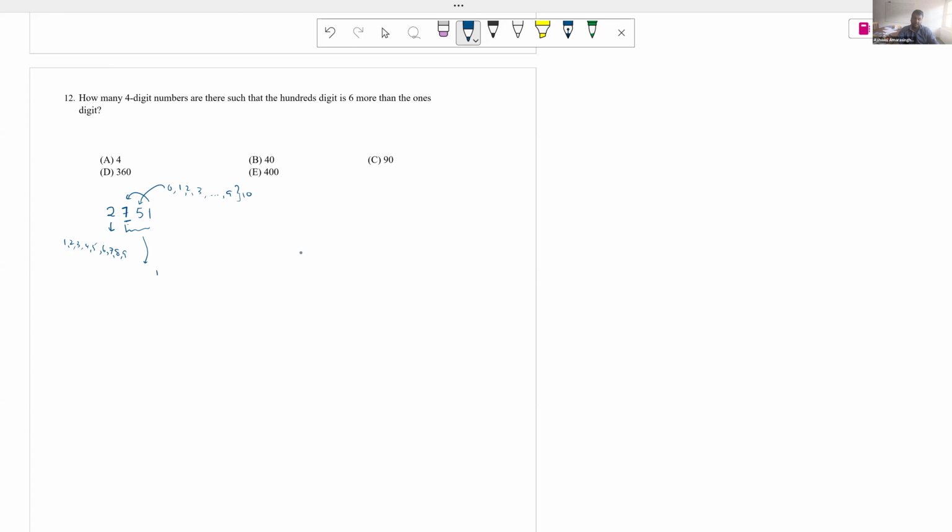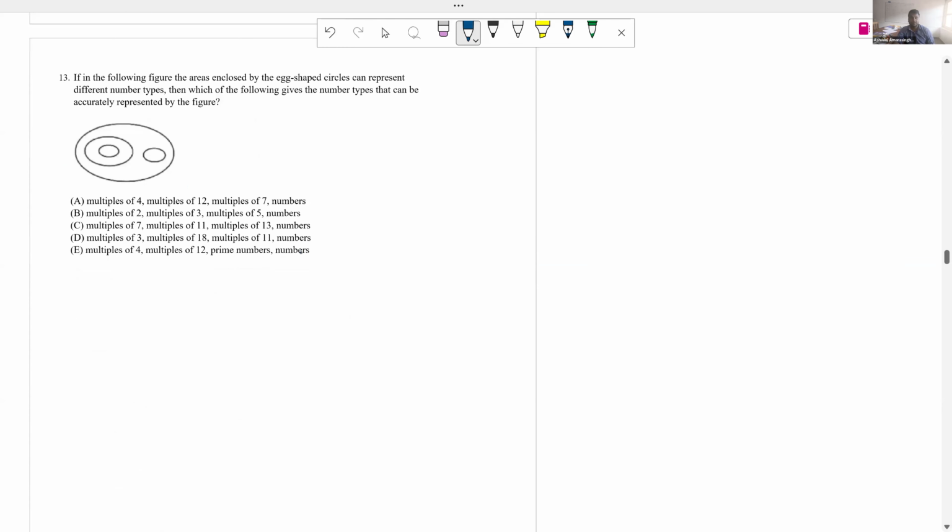Well, you can have either 1 and 7, of course 0 and 6, 2 and 8, 3 and 9, and that's all, because if you have 4, you must have 10, but it is not a digit. So there are only 4 choices for this. For each of these 4 choices, there will be 10 choices for the tens digit and 9 choices for the thousands digit. So you'll have 360.